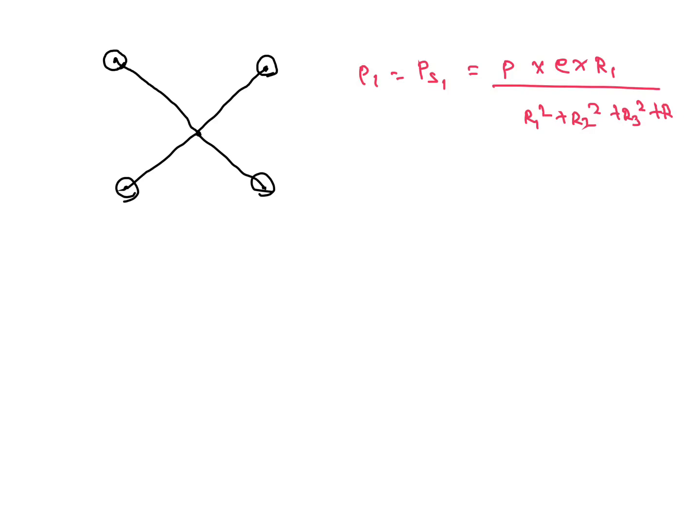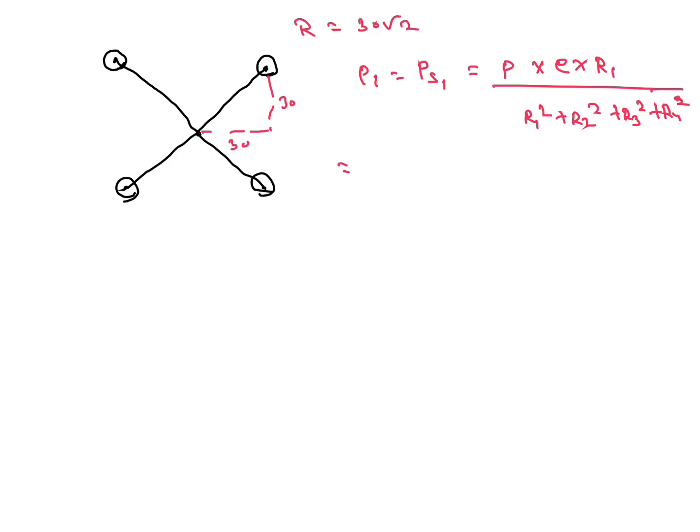Then put the values. R value first we have to calculate. All values are same, R1, R2, R3. This distance is 30. Here also 30. So R equals root of 30 square plus 30 square, 30 root 2. Put the values.